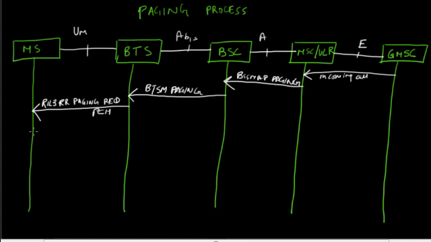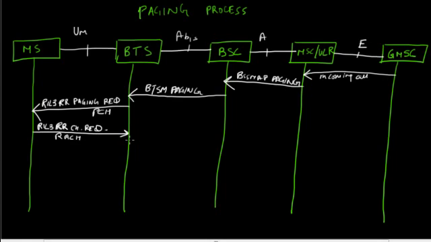So first it's going to ask for a channel, so it sends a RIL3 RR radio resource channel request message. This message, as you all know, is sent on the random access channel. So it goes to the BTS.